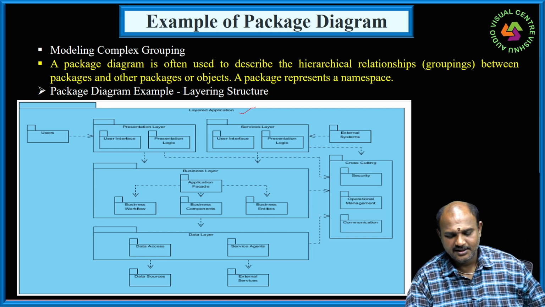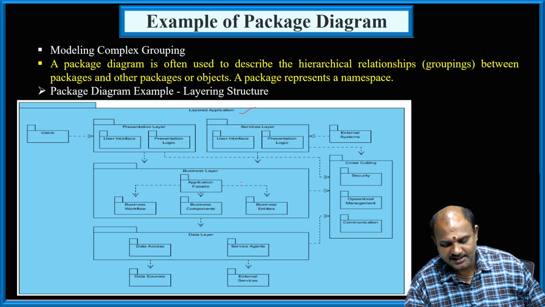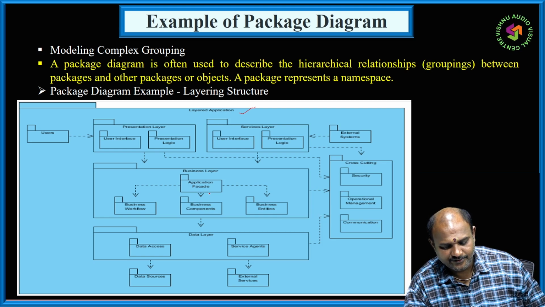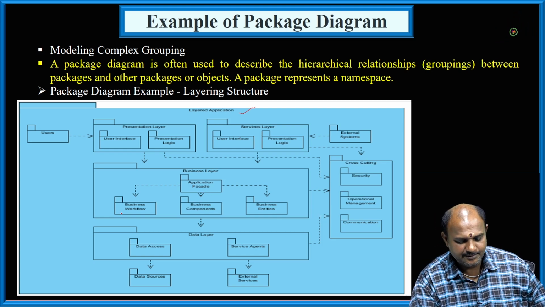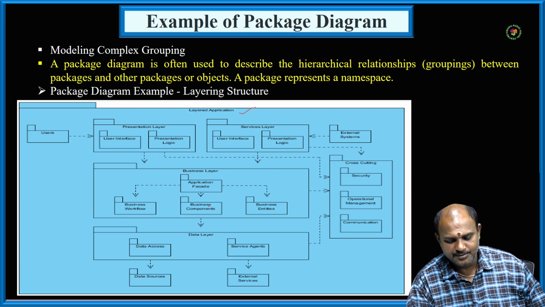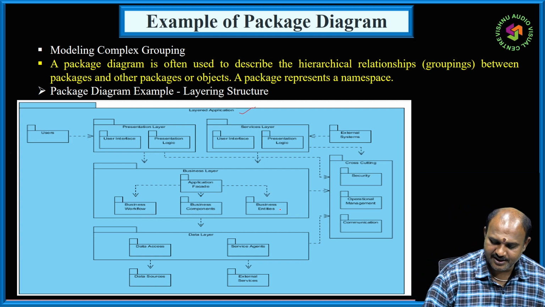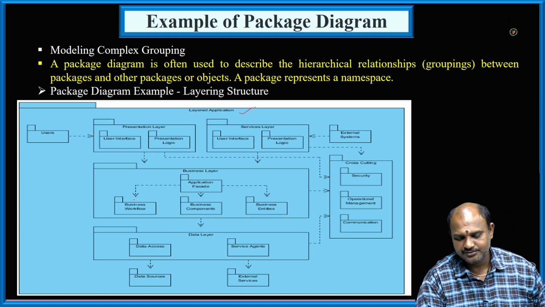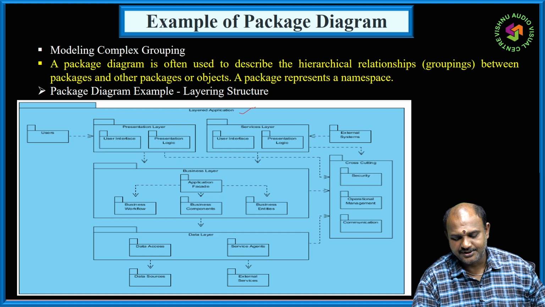And for the business layer, it has three packages: the application facade and business workflow, business components and business editors. So these are the packages we use. We use the dependency symbol here.